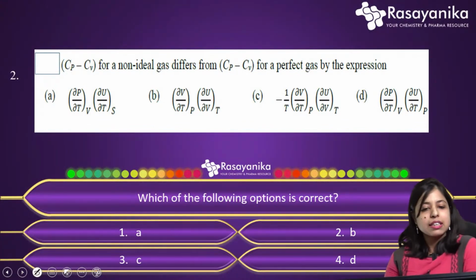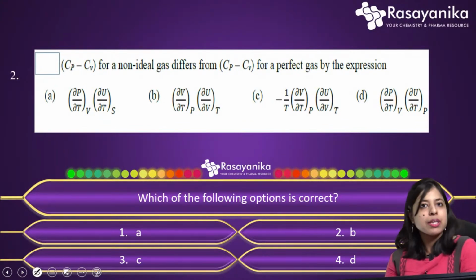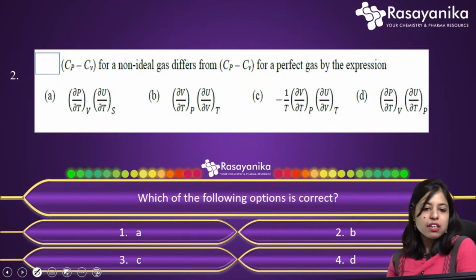This is again from thermodynamics, and it is from the second law. The question is: Cp minus Cv for a non-ideal gas differs from Cp minus Cv for a perfect gas by which expression? Option A is del P upon del T at constant V into del U upon del T at constant S, that is entropy.